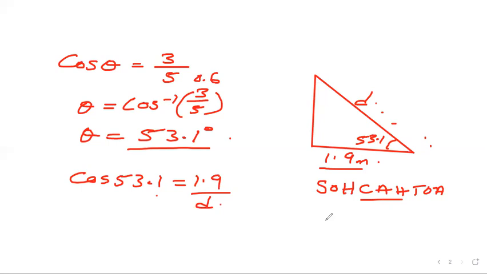We have simply said cos theta is equal to the adjacent, which is 1.9, divided by D. The theta is 53.1. Our meeting is about to cut. When it cuts, you join again. Then what will be our D?